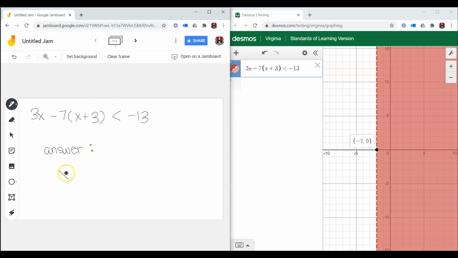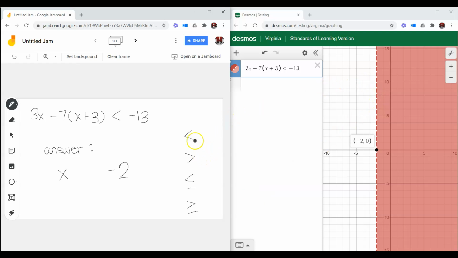Okay, you want your x to go first, and then now we know from the calculator that the number that we want is a negative 2. Now, the only thing left for me to do is pick a symbol to go here in between those. Now, the symbols I can choose from are less than, greater than, less than or equal to, greater than or equal to.